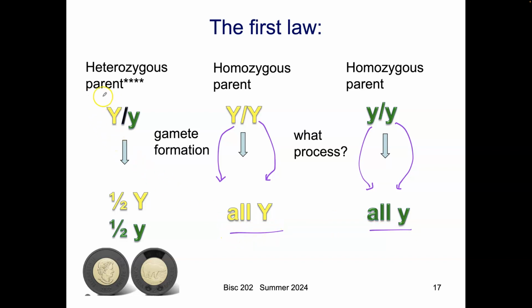It's when we're heterozygous that this law is really important. And what it means is that there's a 50% chance of any particular egg or sperm having the dominant allele if we're heterozygous, and a 50% chance of it having the recessive allele.